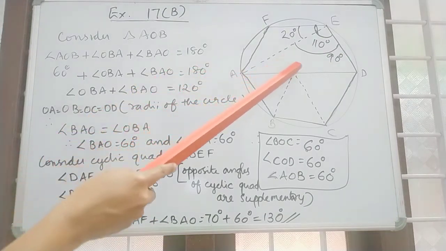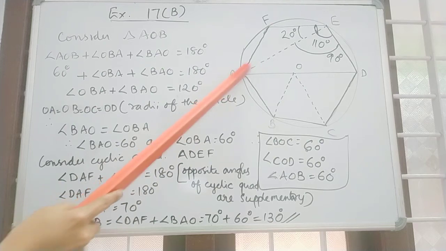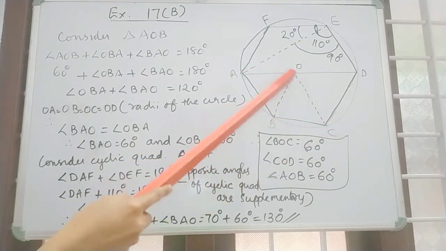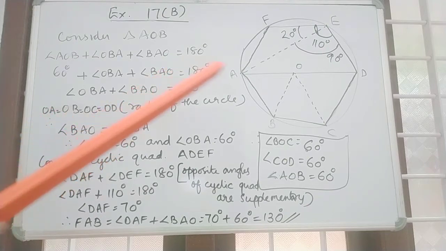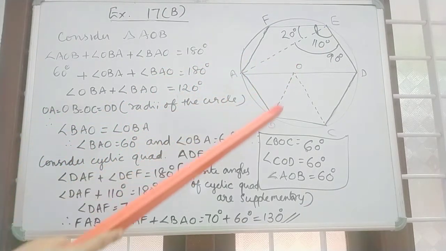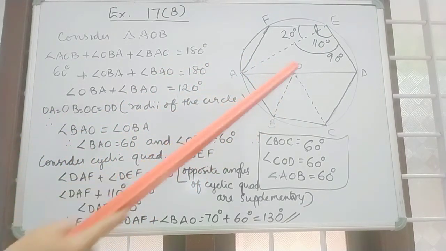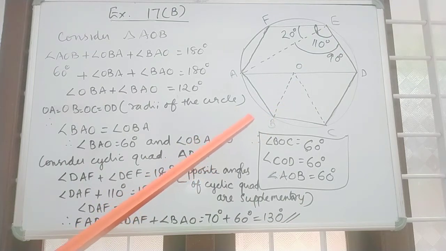Since O is the center of the circle, OA, OB, OC and OD are the radii of the circle. OA is equal to OB, so the angles opposite to these sides will be equal.